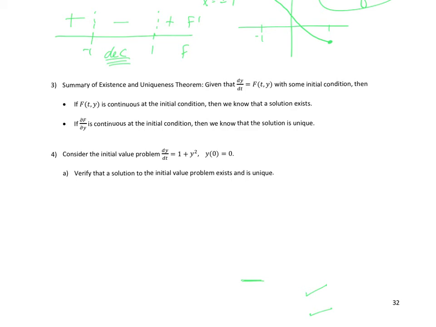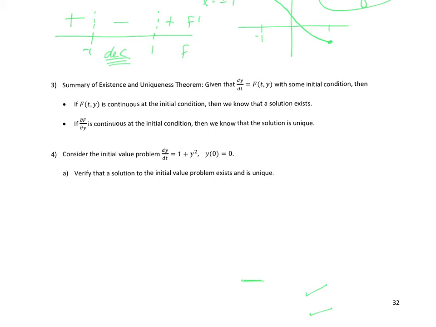That is continuous everywhere, because 1 plus y squared is continuous for all y, and in particular, the initial condition at the point 0, 10, we have existence. A solution exists.